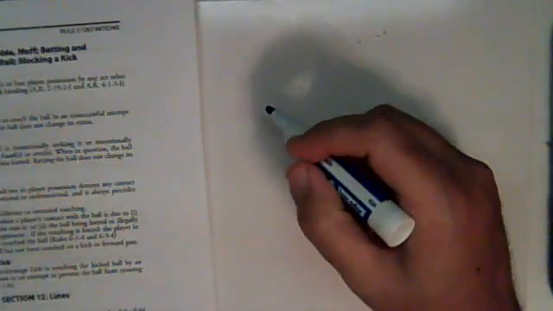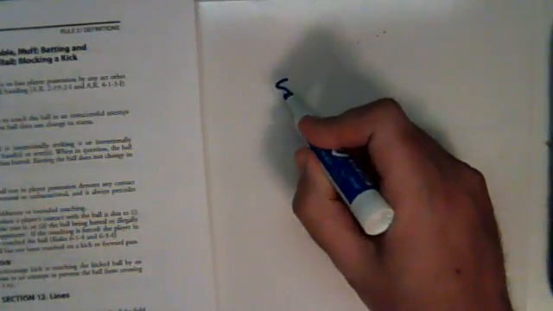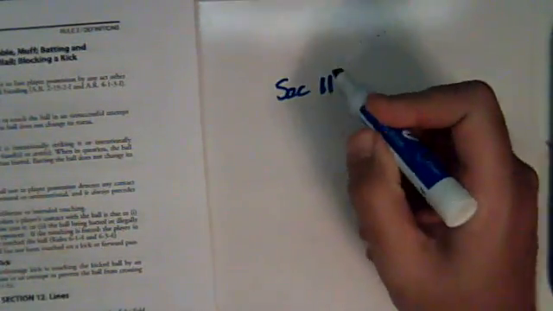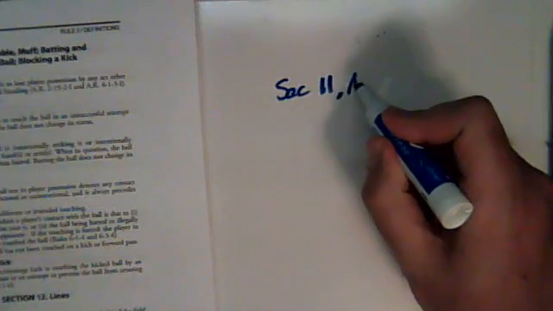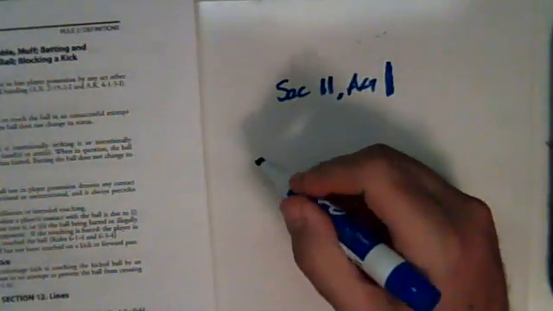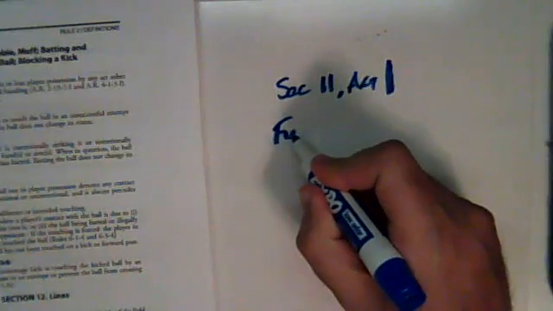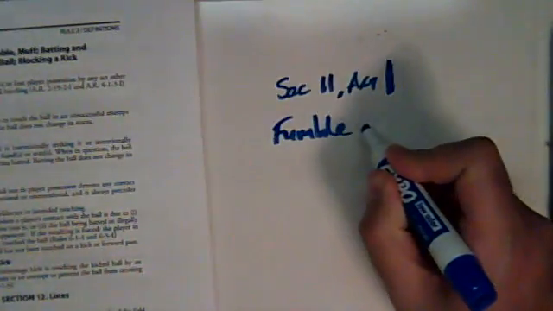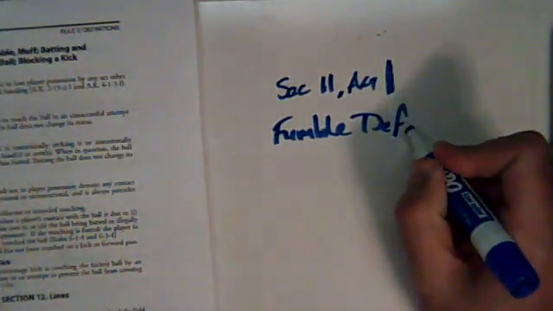So very simple. If you write down, like in the notes, we talk about something like this. Section 11, Article 1. So we have our section, right. We're going to write our note down just like this. Fumble definition. It's hard to write with this, right?